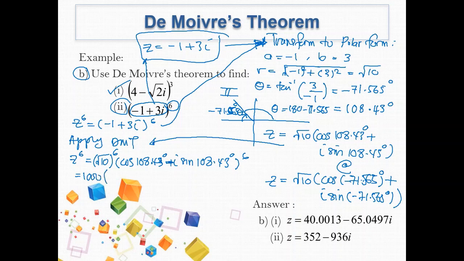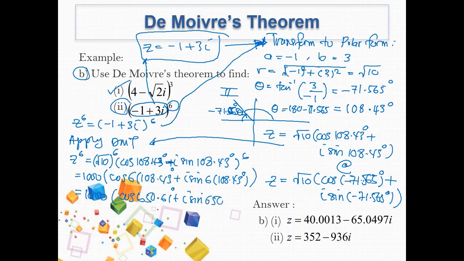Your angle will multiply with 6, so you have cos 6 multiplied by 108.43 plus i sine 6 multiplied by 108.43. Close the bracket. That will give you 1000 cos 650.61 degrees plus i sine 650.61 degrees.